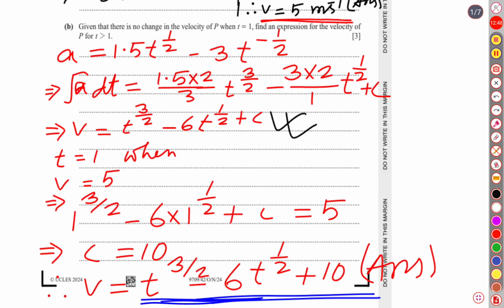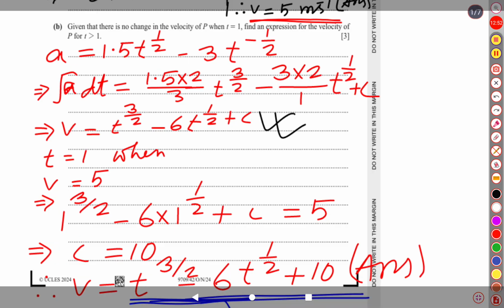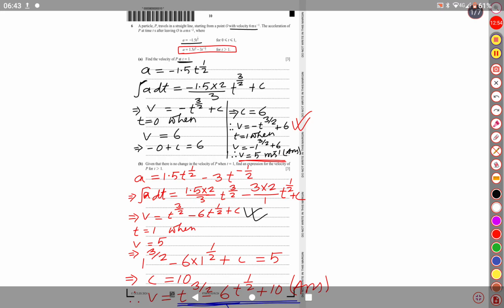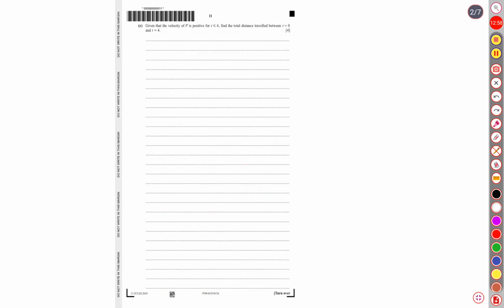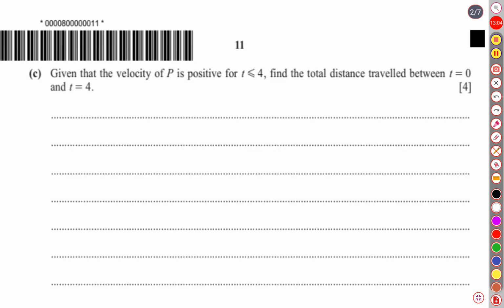That means from 0 until 1 the graph was positive, and for the last phase they have already mentioned that until 4 seconds it was positive, given that the velocity of P is positive. So the whole graph will lie above the x-axis.